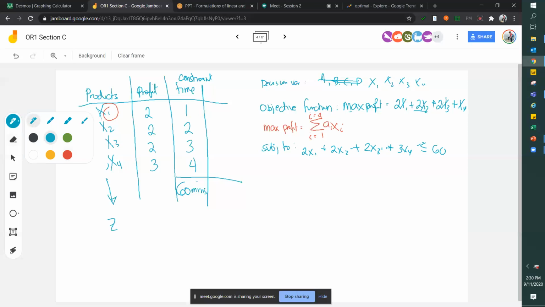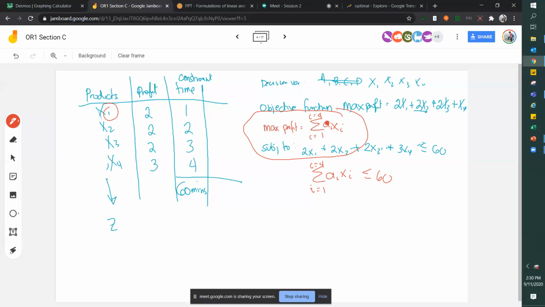Pwede na rin natin siyang mailagay sa isang simpler equation na summation of AI, XI, from I is equal to 1 up to 4 less than 60. Yan, the same lang din naman. Diba? Questions? So again, that's our approach. Huwag magugulat kung may mga given na ganito.